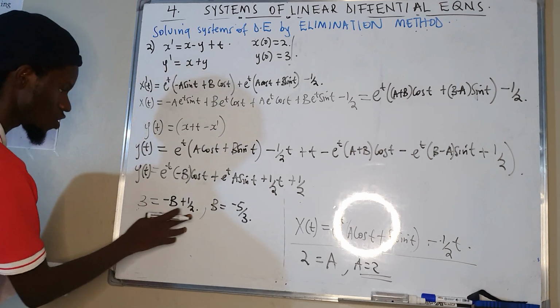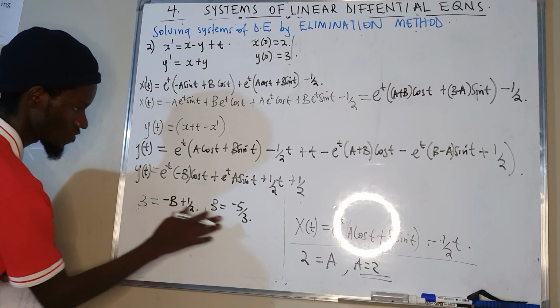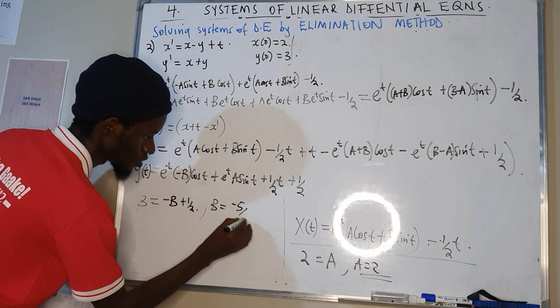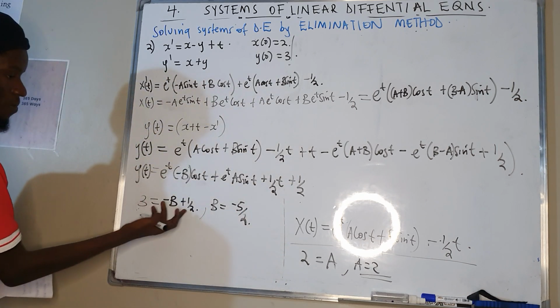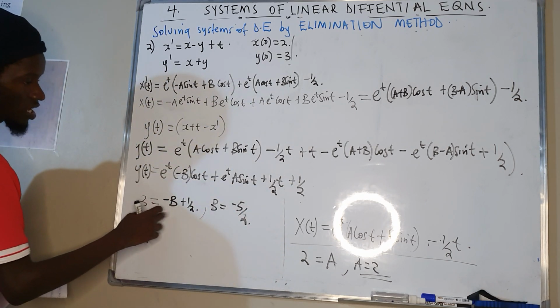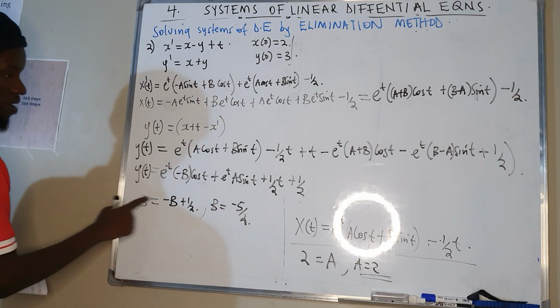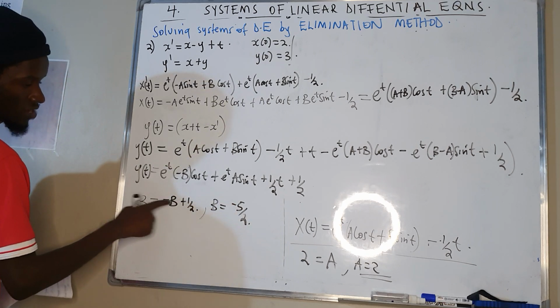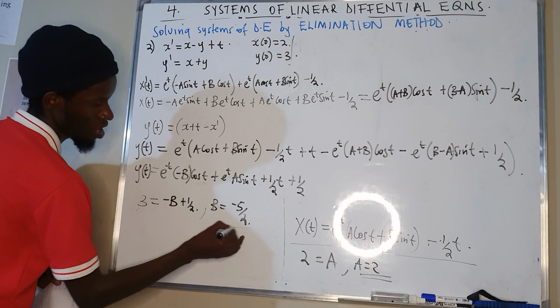So this is over 2, eh? This is negative 5 over 2 here. Because if I bring this, 3 minus a half, I have 5 over 2, then divided by the negative, this is going to be my b.